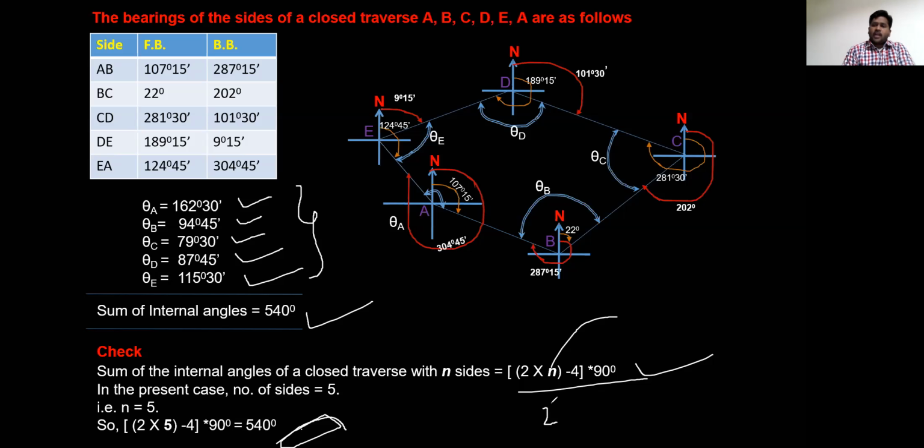Sometimes, due to some reasons, there will be an error, and we need to eliminate that error and calculate again. In this particular problem, both are correct. So this is how to calculate these interior angles when the bearings have been given. Okay, thank you.